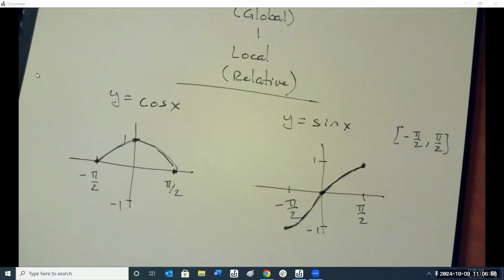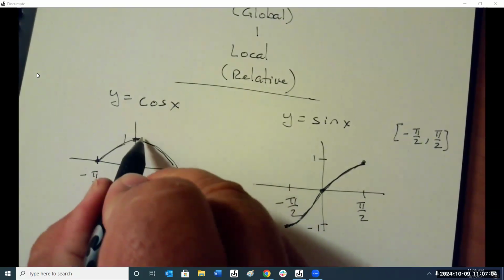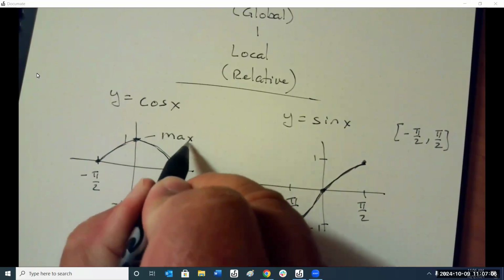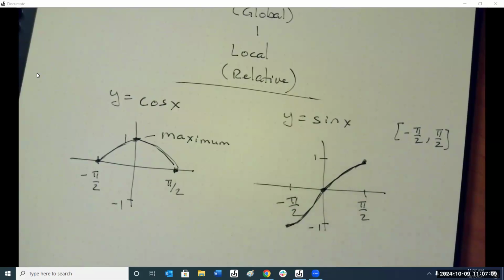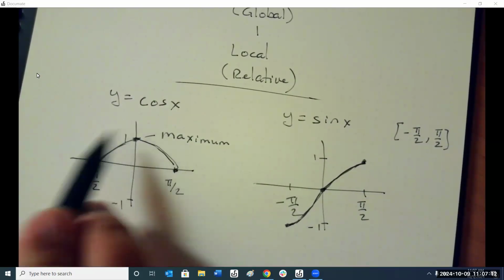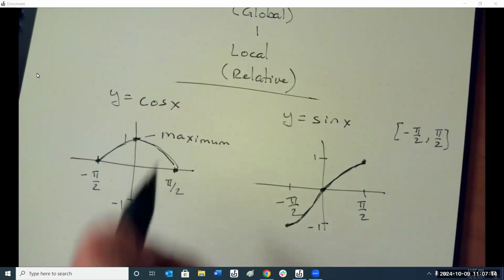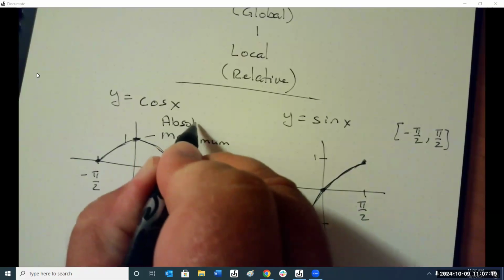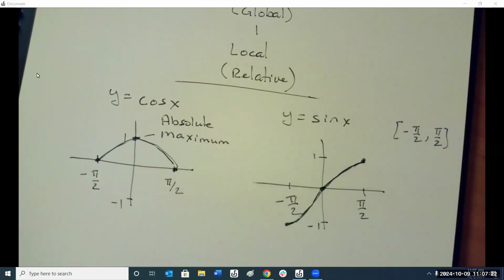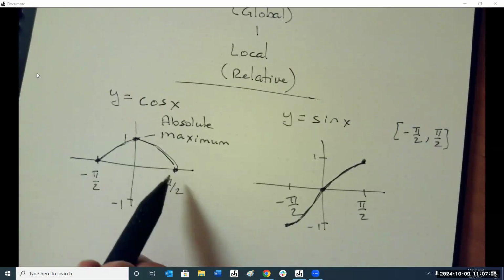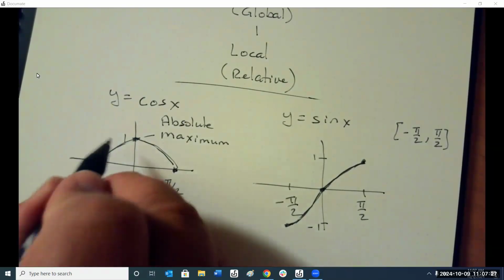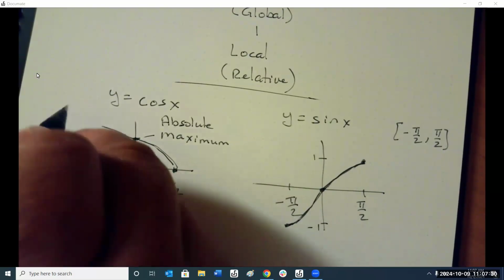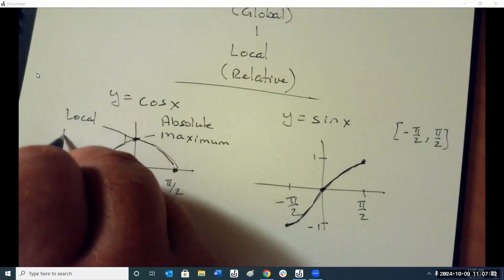So depending on what part of the interval we're looking at, in this case we have a maximum point. And because it's the highest point overall in the domain, it's an absolute maximum. But since it's also over a smaller interval, it's also a local maximum.